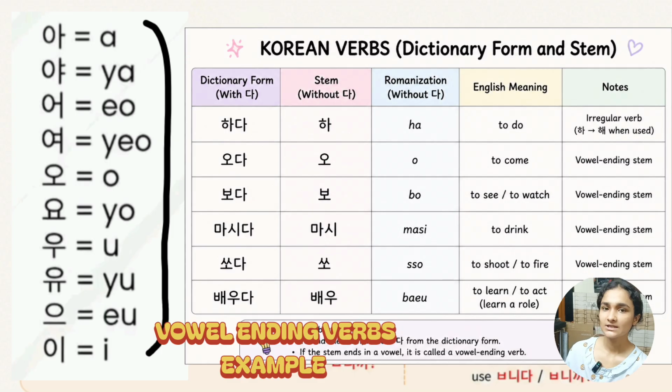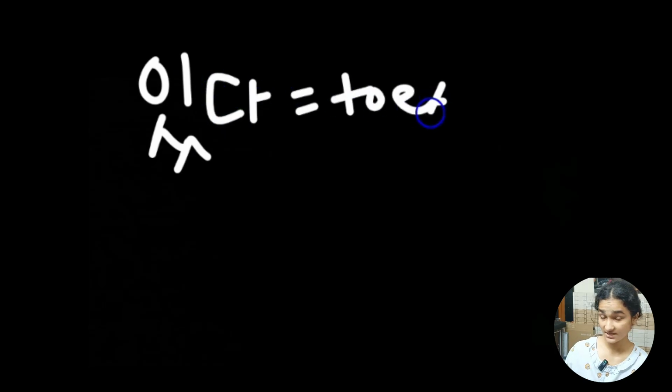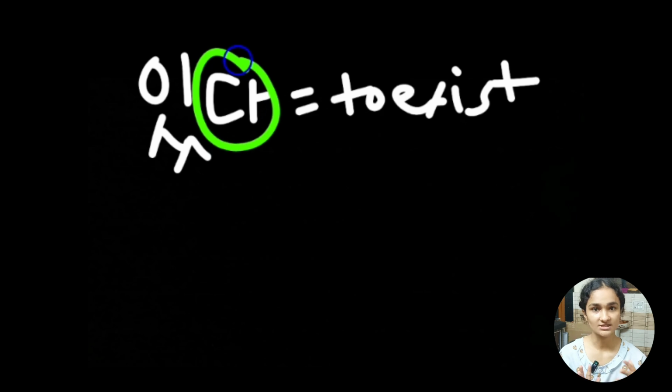So now let's look at an example. If I give you an example from the previous sentence ending, number one is 있다. 있다 means to exist. If you remove the dictionary part, the 다 part, it becomes 있.